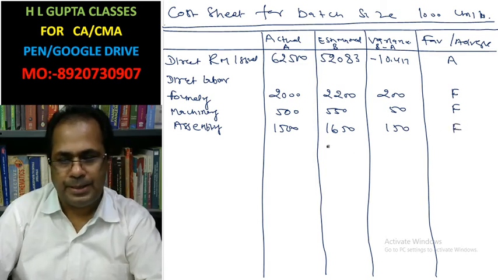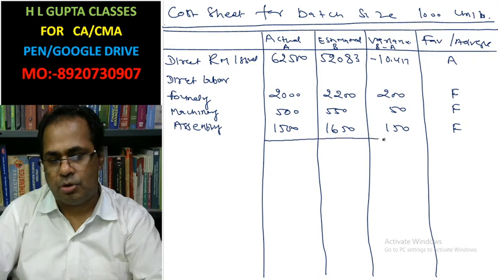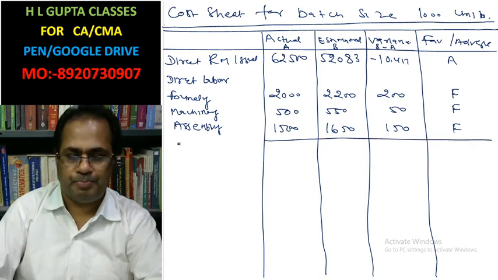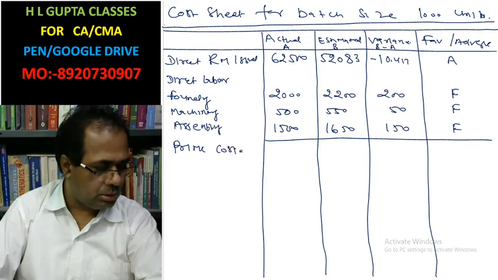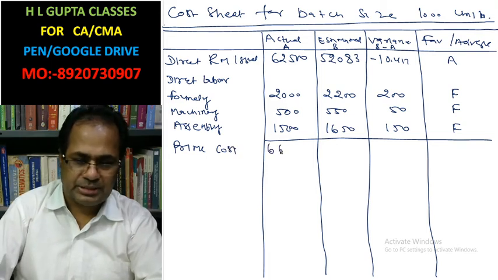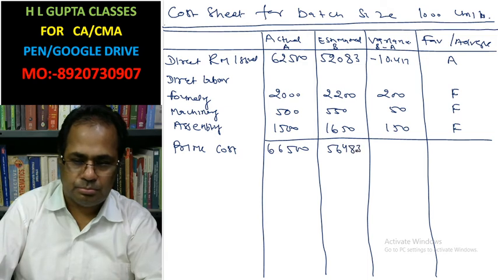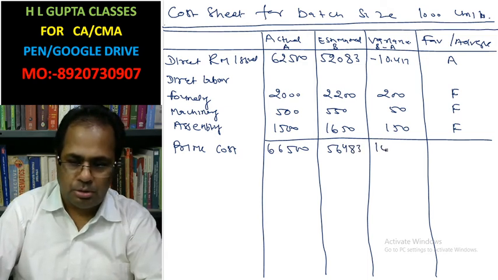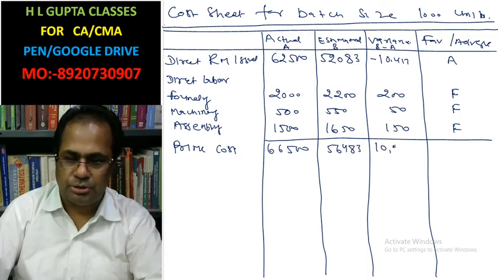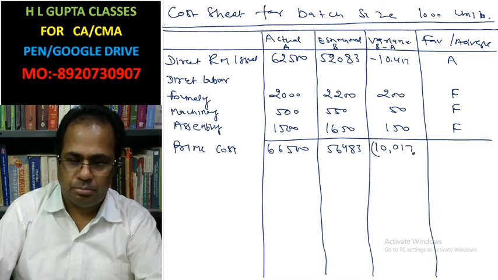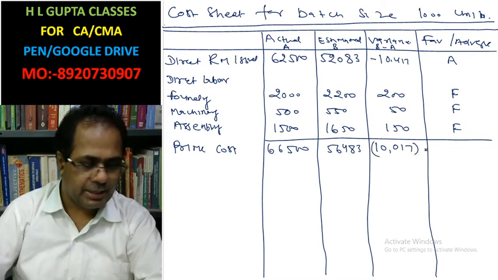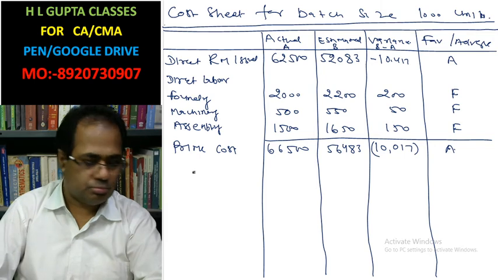Now this is your prime cost: 64,500 actual and 54,483 estimated. The variance is 10,017 negative. This is adverse.